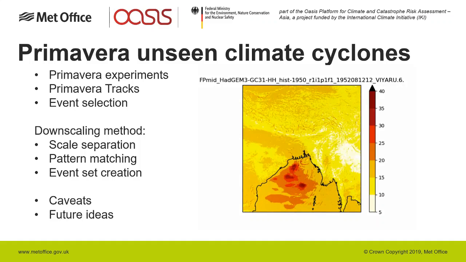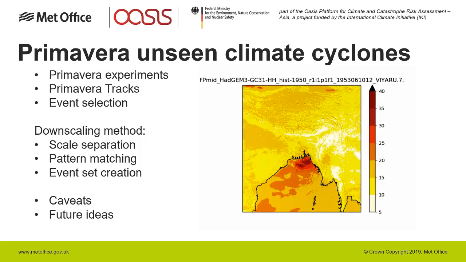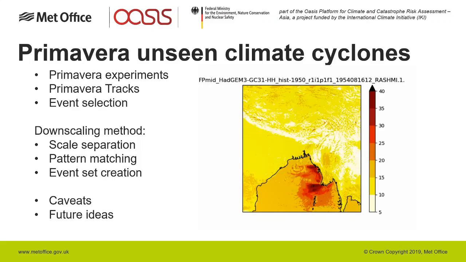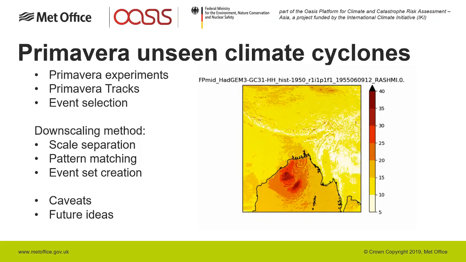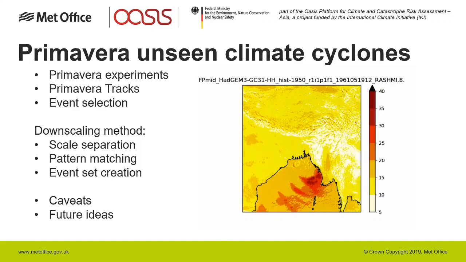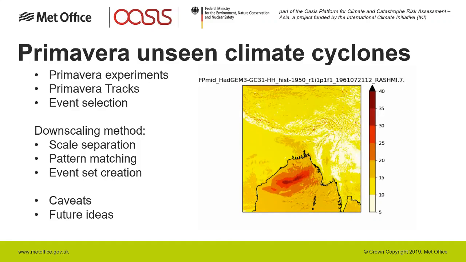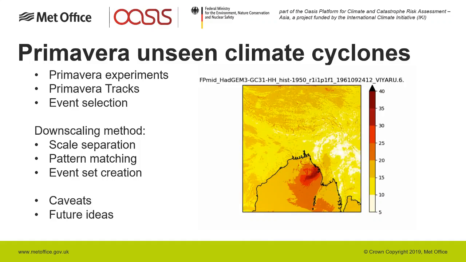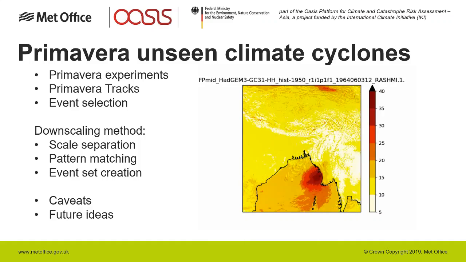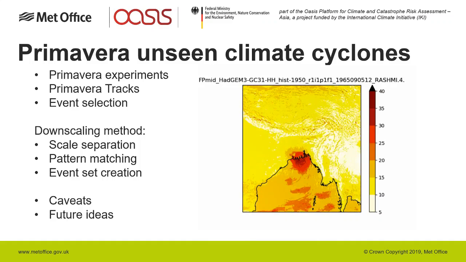On the right in the animation you see the final event set of the 6,000 storms, just to give you some eye candy and to keep you interested in this presentation. We are applying a downscaling method that is concerning scale separation, pattern matching, and event set creation. In the end, I will speak about some caveats and give some future ideas.